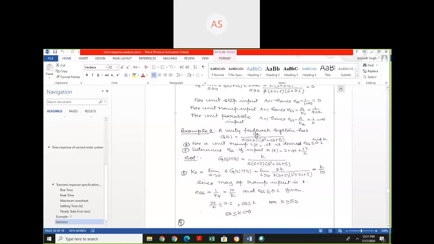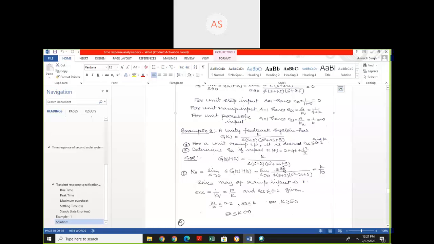Since the value of H(s) is 1, unity feedback, G(s)H(s) is given by this expression, and you have to calculate the value of Kv because you have to calculate the steady state error for ramp input. The value of Kv is given by limit s approaches 0 of sG(s)H(s).